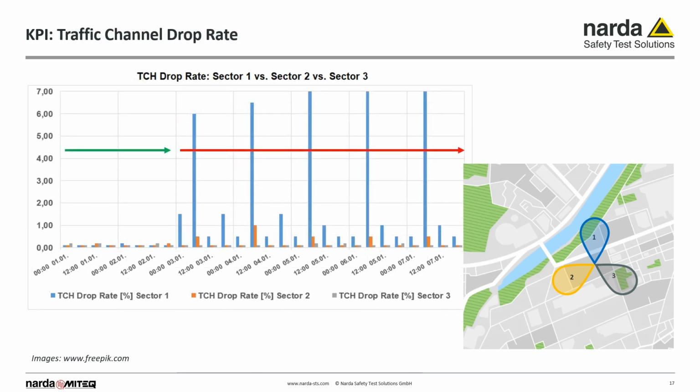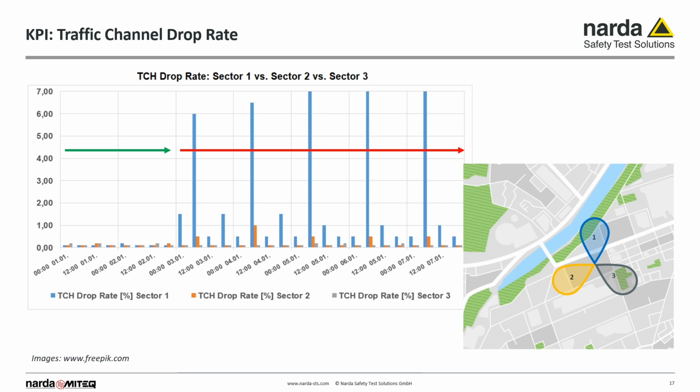Apart from the call setup success rate, another essential counter is the traffic channel drop rate, or TCH drop rate. The TCH drop rate indicates how many established connections between the base station and the user equipment have been dropped. Typically, the TCH drop rate ranges near 0%, as visible in the shown example, for all sectors up to the end of day 2.